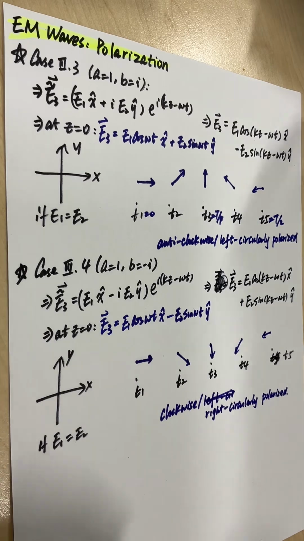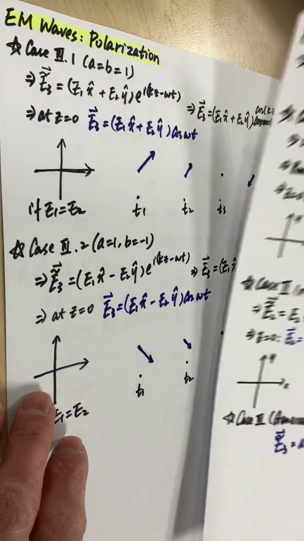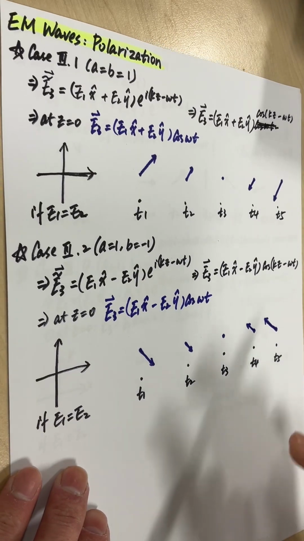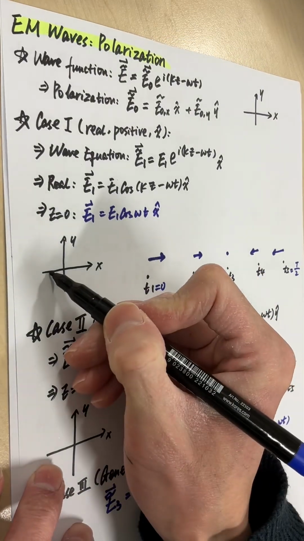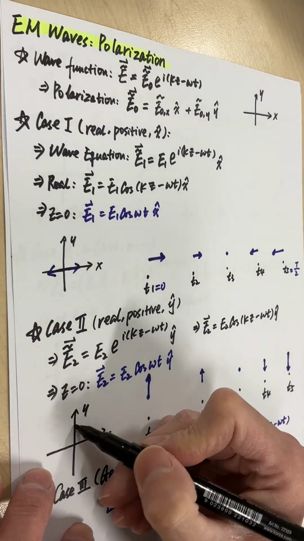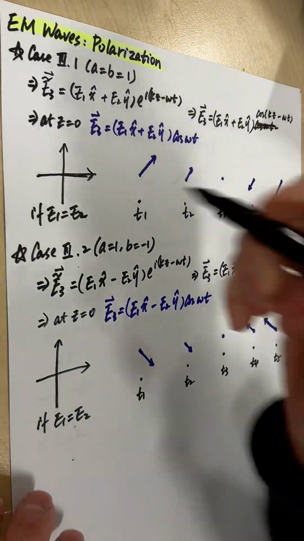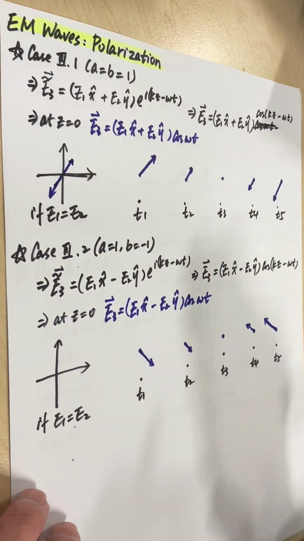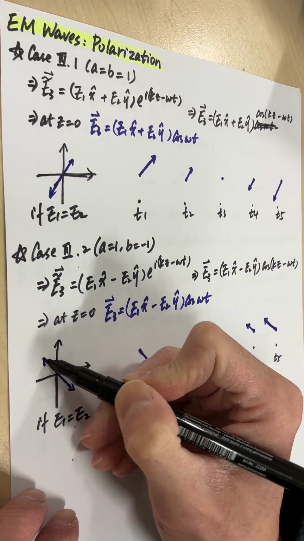So now, the earlier 4 examples, they are all linear polarization. So for example, this one is polarized in the x direction, and the second one polarized in the y direction, and the third one polarized in the diagonal direction, and the fourth one polarized in the anti-diagonal direction.